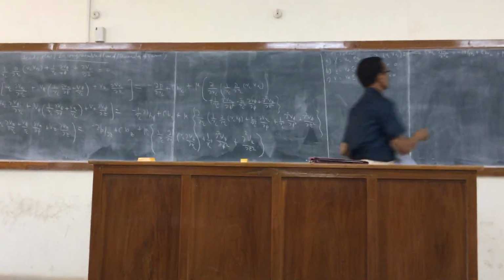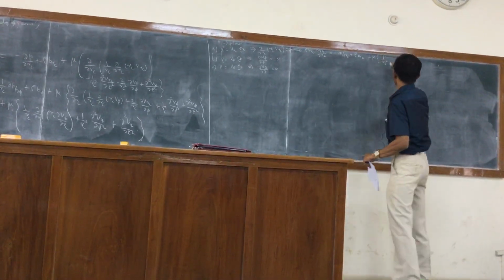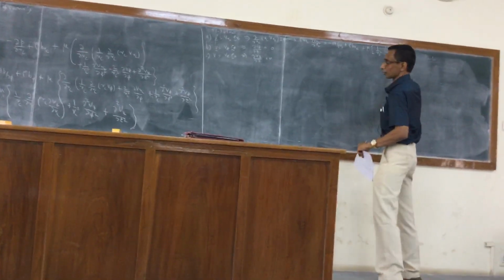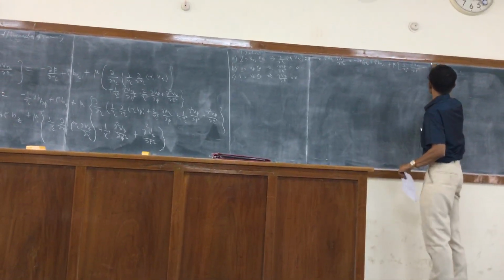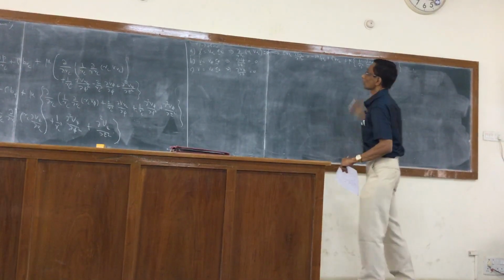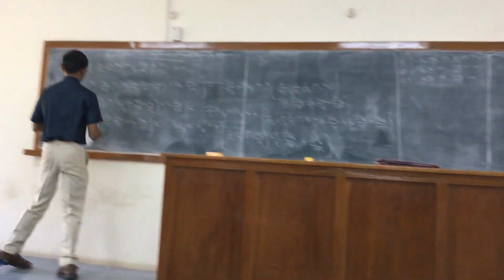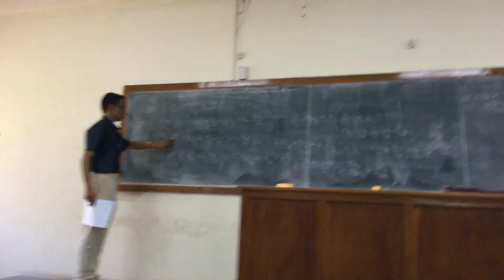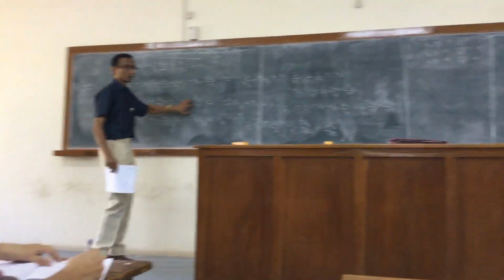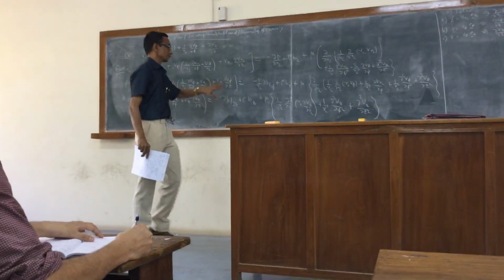So 1 over rc squared, d squared Vrc by d phi squared plus d squared. If you look at the other equations, d by d phi is 0, so the identity is 0. So all these terms now vanish. Right? The inertial terms are still there in case A.